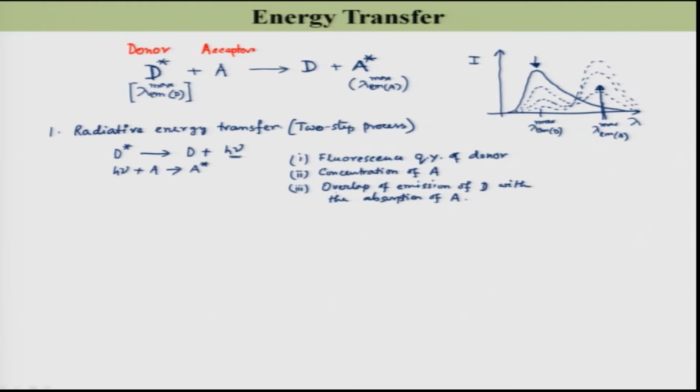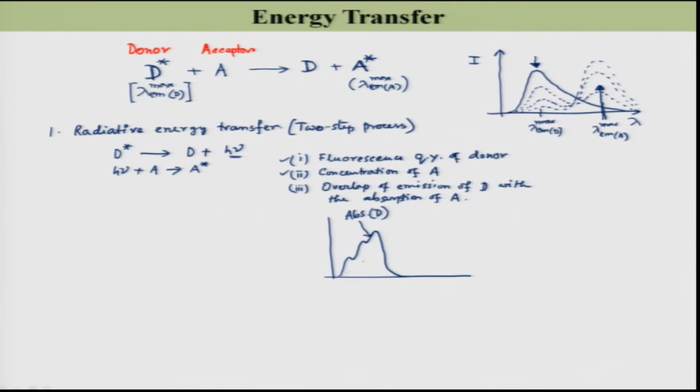Point number 1 and point number 2 are easy to understand, but let me elaborate point number 3. For example, let us say this is the absorption spectrum. Let me draw first. Let us say this is the absorption spectrum of the donor, so I will just write here abs of donor.